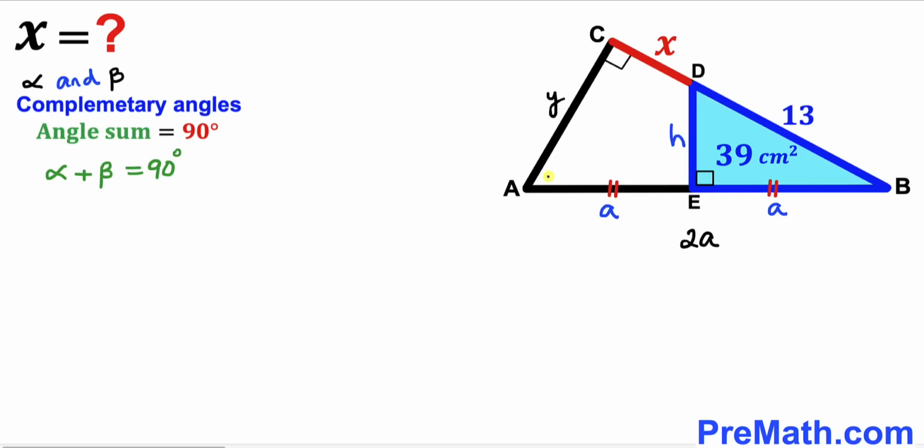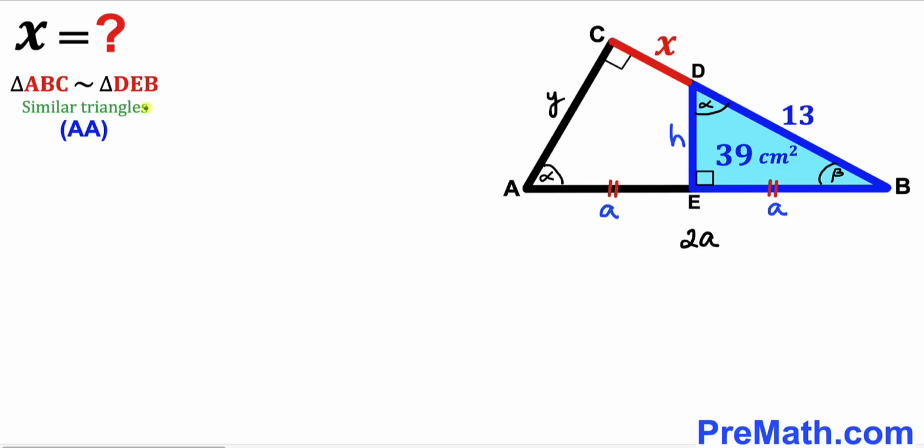So I'm going to label this angle alpha, and we know this is our 90-degree angle. So this angle has got to be our angle beta. And in this blue shaded triangle, this angle is beta, this is our 90-degree angle, so this angle has got to be our angle alpha.